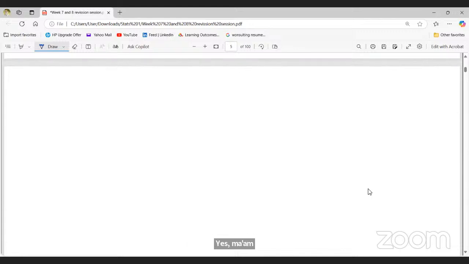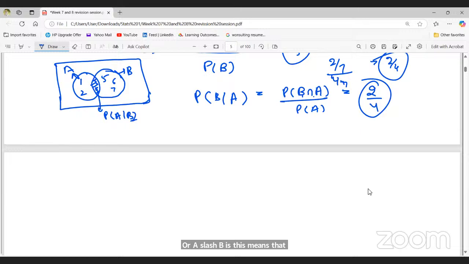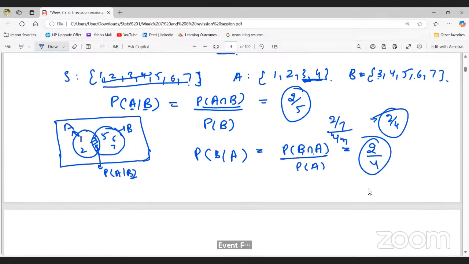Ma'am, sometimes I have seen E slash F or A slash B. Does this mean E given F? Sometimes you draw a line that is perpendicular, but slightly at a 45-degree angle.